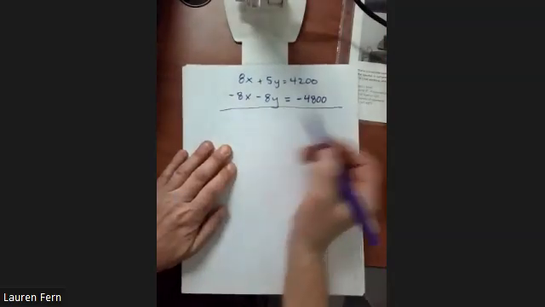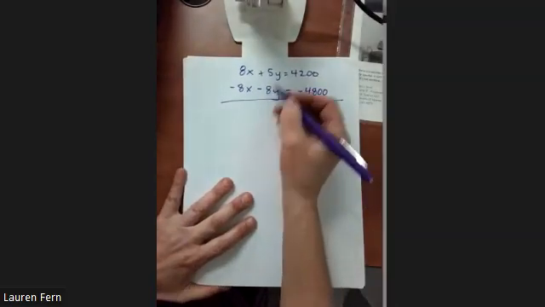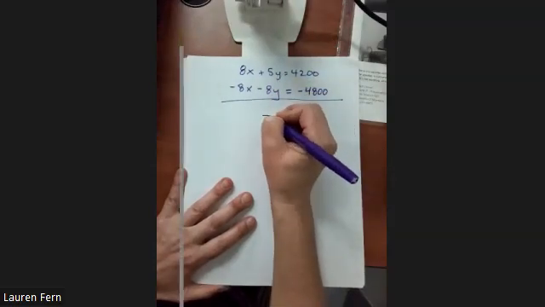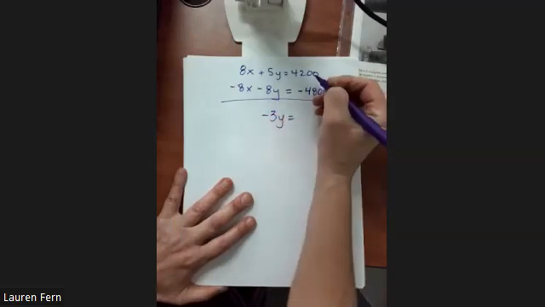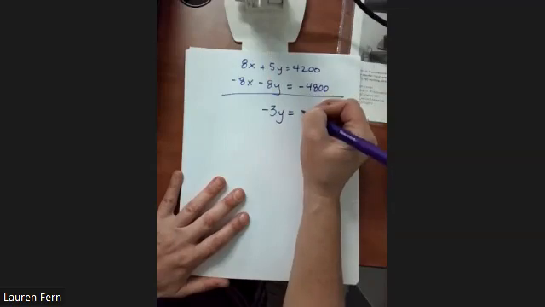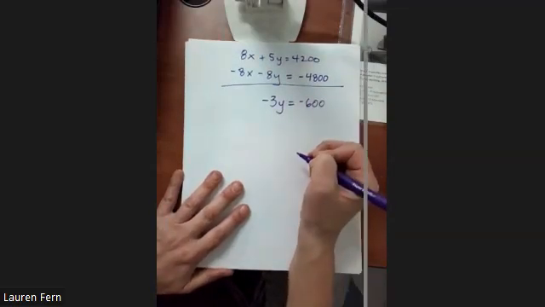All right, add them up. What's 8x and -8x? Cancels out. What is 5y and -8y? -3y. And what's 4,200 plus -600? I love this.